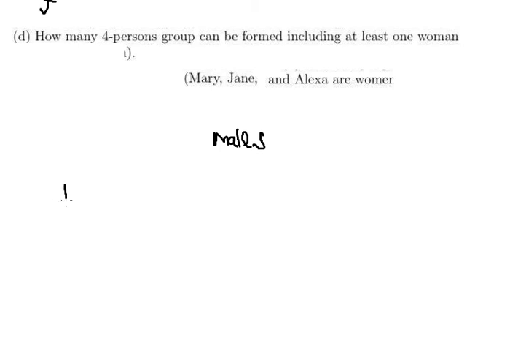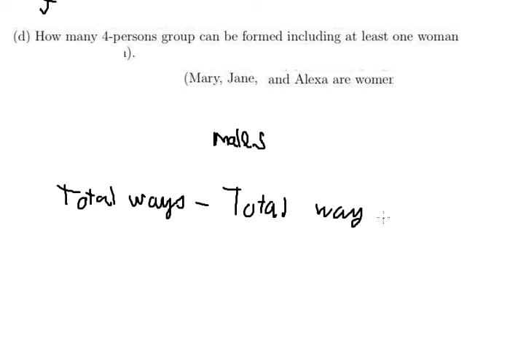Then we use the total ways and minus the total ways to select a group of all males. Therefore we can find the groups with at least 1 woman.